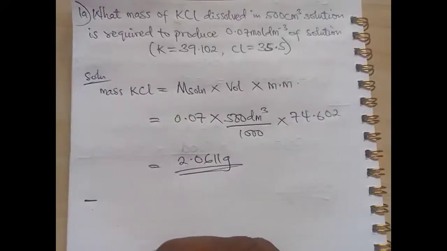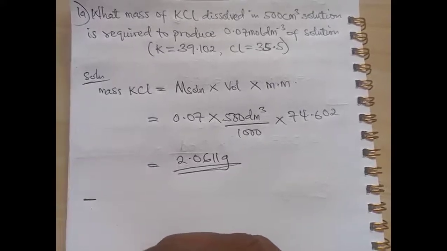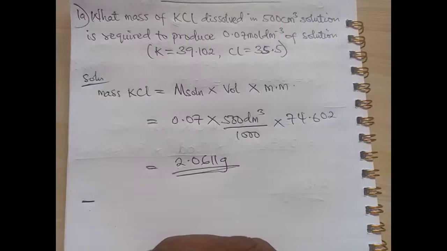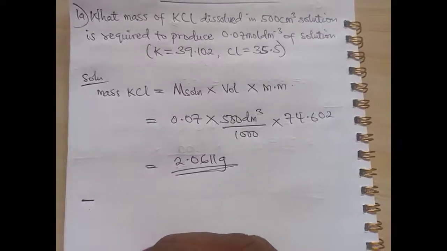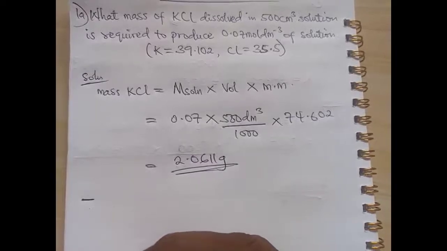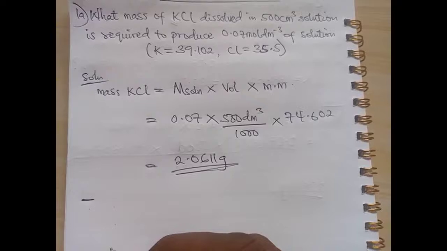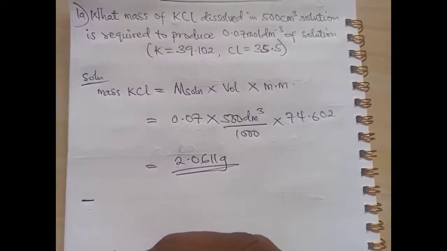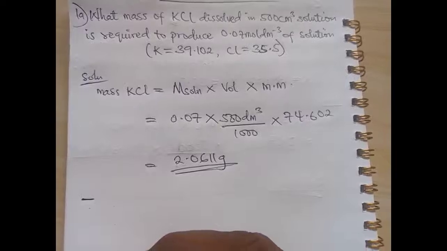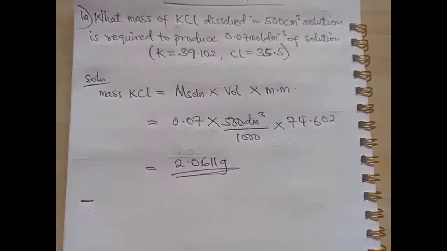The third condition is that it must neither be deliquescent nor efflorescent, and it must not be sensitive to any constituent of the atmosphere, so that throughout the weighing or storage period, its composition remains constant. The next condition is that it must be of such high formula weight to make weighing errors negligible. And the last one is that it must be soluble in an appropriate solvent.